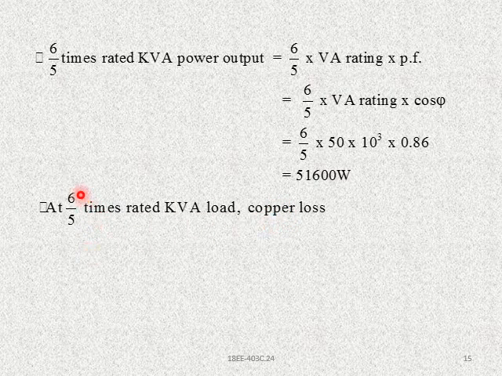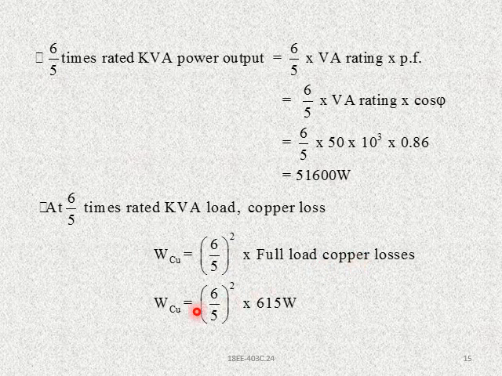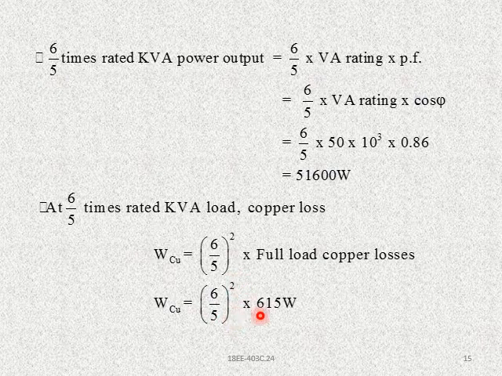So the copper losses also have to be noted for 6 by 5 times the rated kVA load. That gives you WCu is equal to 6 by 5 square into full load copper loss. That gets you W copper loss equal to 6 by 5 square into 615 watts.